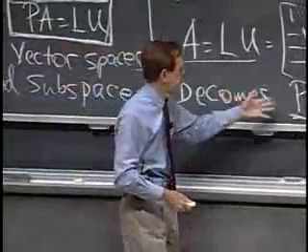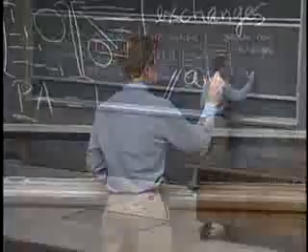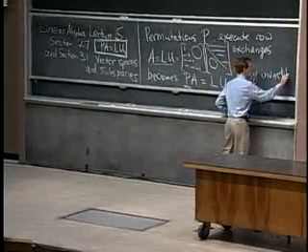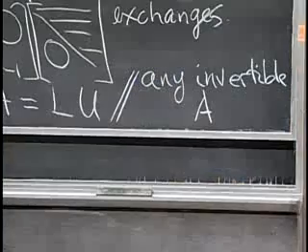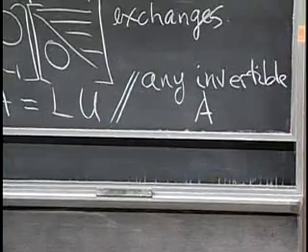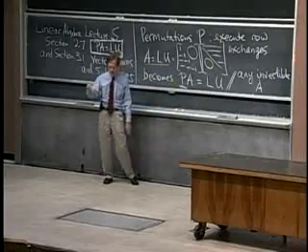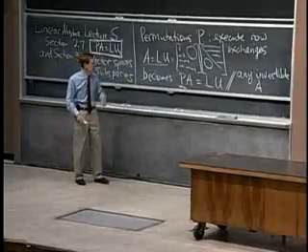This is for any invertible A, we get this. For almost everyone, we don't need a P. But there's that handful that do need row exchanges, and if we do need them, there they are.